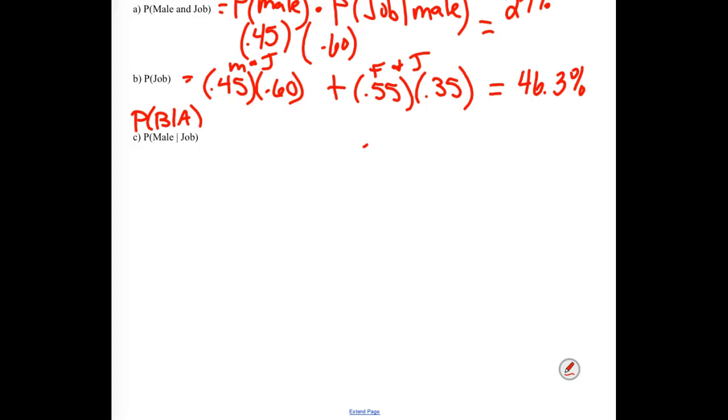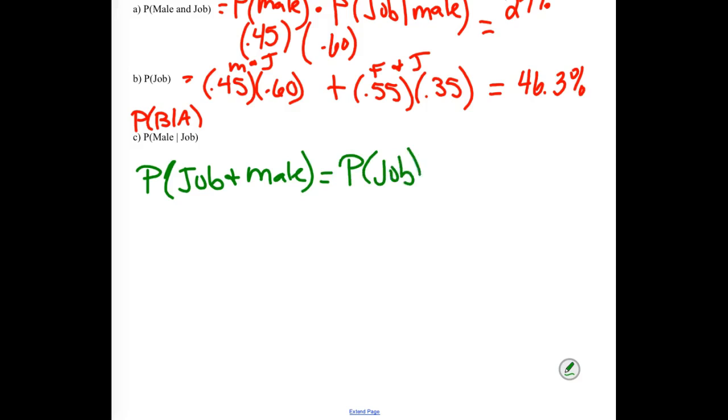So, job is event A. So this would be the probability they have a job times what? Sorry, I should rewrite this here. Probability that they have a job and are male is the probability they have a job times the probability they are male given they have a job.